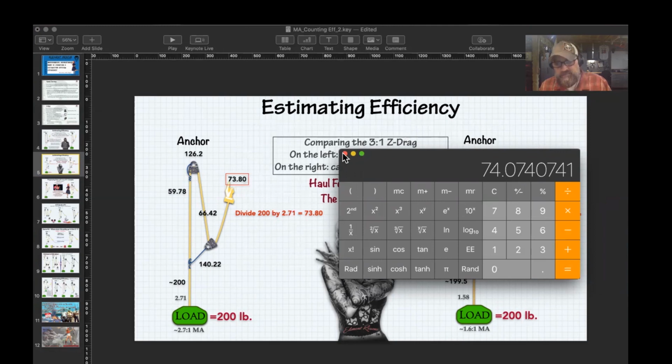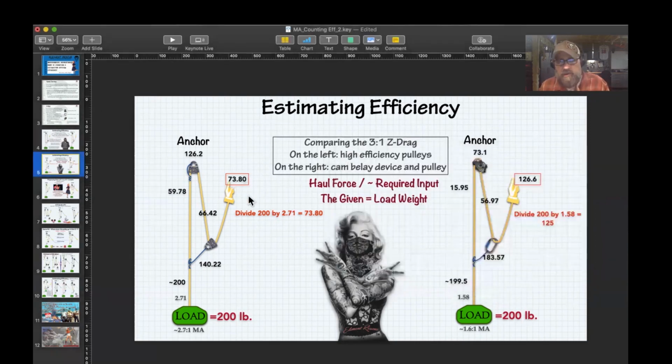So when we did that without guesstimating up, we went ahead and said, okay, so we're at 73.8 pounds. As 73.8 pounds goes in, we times that by 0.9, and we get 66.42 out. As 66 moves up, we times that by 0.9 to see what we lose. So as 66 moves up, 59.78 comes out.